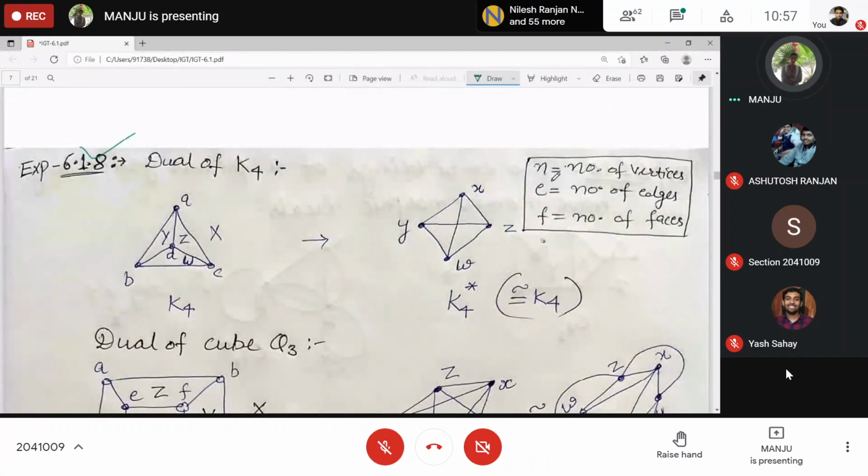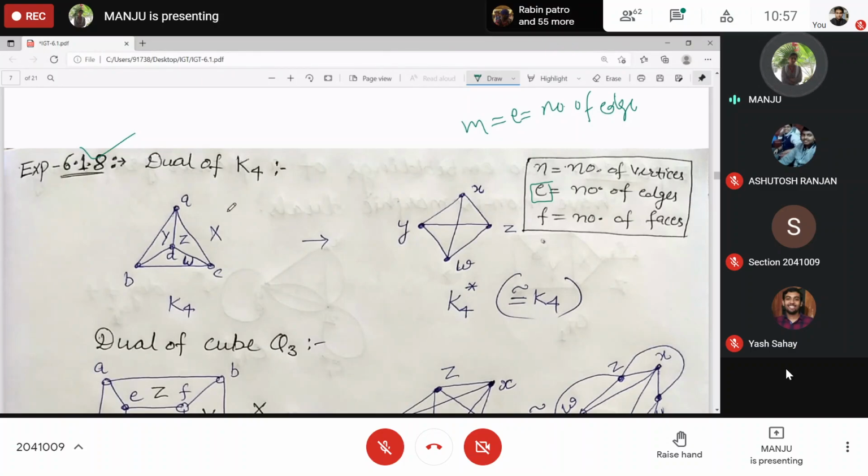In some books you might find E as the number of edges, so don't get confused. M is the same as E. We'll discuss Euler's formula, and in that also it is denoted by E. Okay, so this is your K4. So you can draw over here.